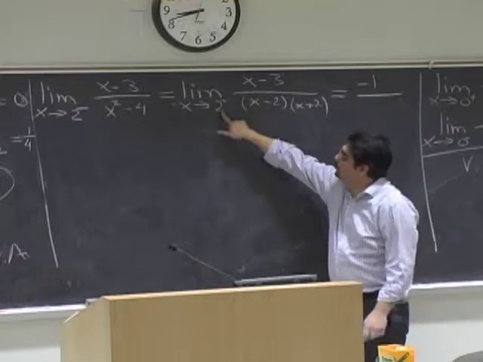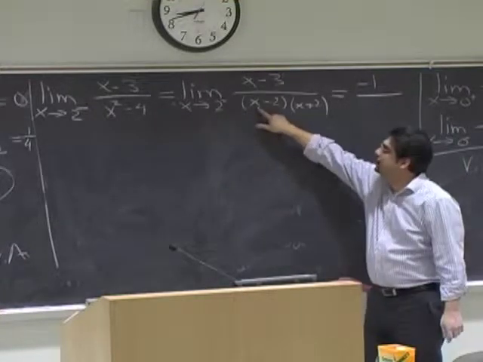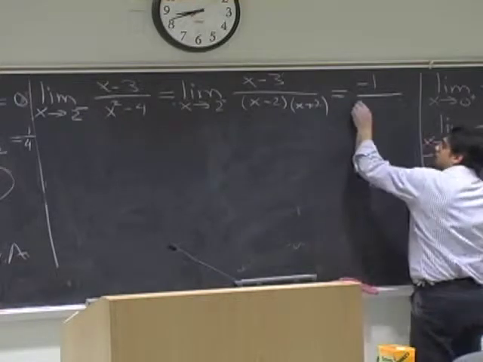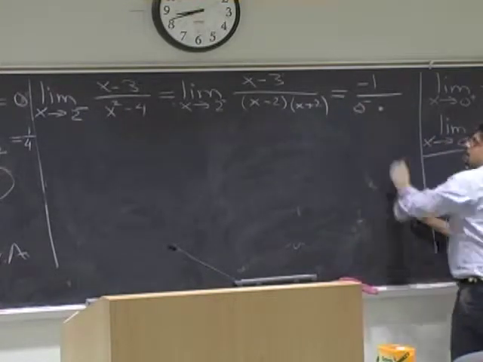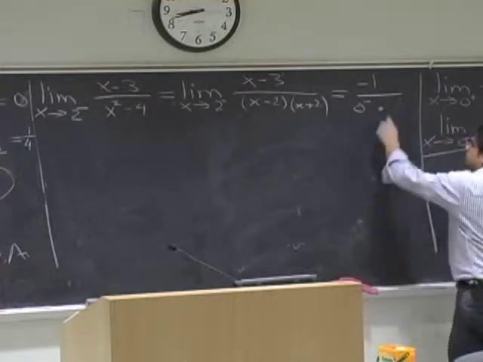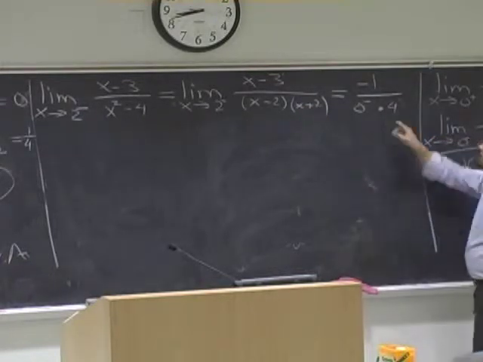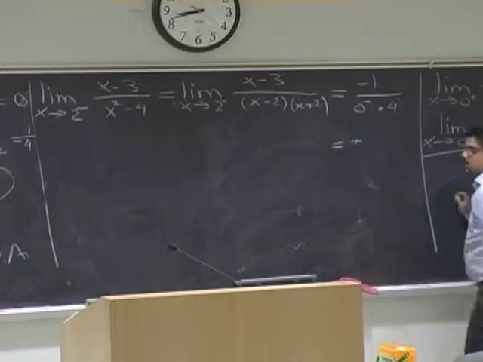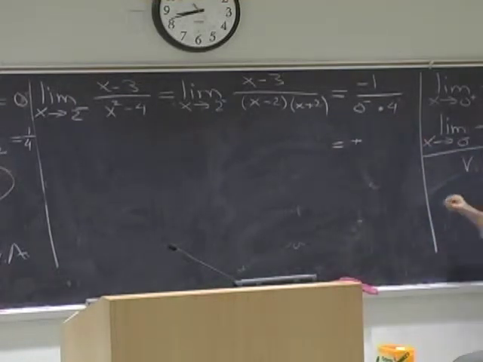When x is near 2 but less than 2, x minus 2 is close to 0 but a negative number. And when x is near 2, x plus 2 is near 4. So we have a negative number over a negative number. So our limit is approaching something positive.